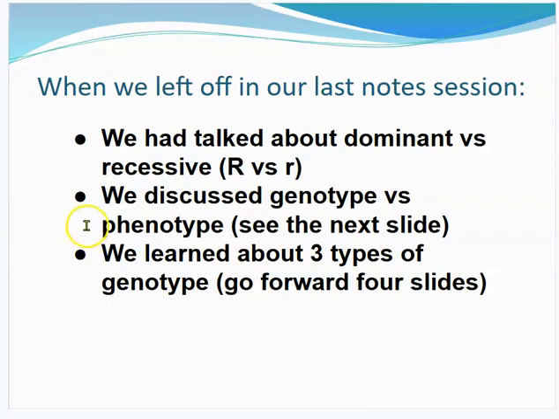So in our last genetics notes session, we talked about dominance versus recessive, or capital letters versus small letters, right? That's how we show dominance: with a capital letter, and we use a lowercase letter to show recessive. We also talked about genotype versus phenotype, and we learned about 3 types of genotype. So let's review that just a little bit.